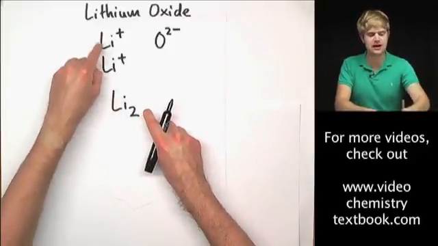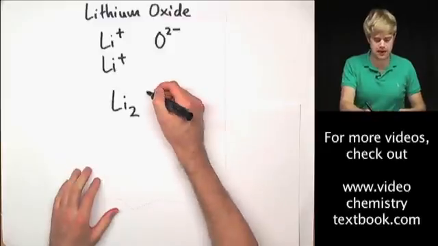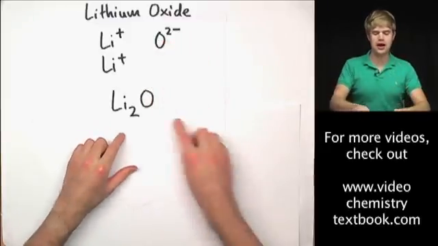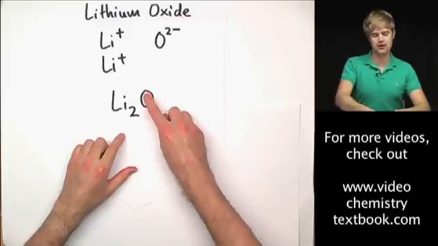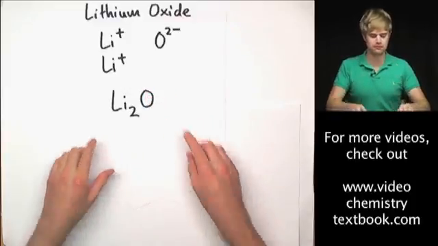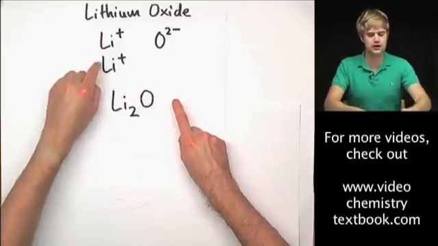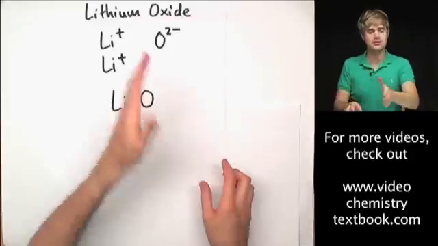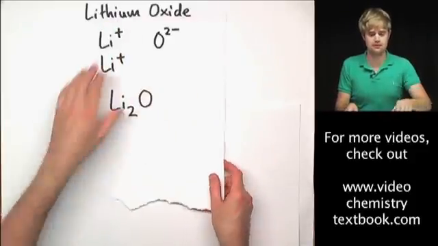That indicates that I have 2 lithium atoms, and then 1 O to show that I have 1 oxygen, and I'm not going to write anything after that. If you have a letter without anything after it, it means that you just have one of them. So lithium oxide, 2 lithiums and 1 oxygen, is how we get the charges to balance for this compound.